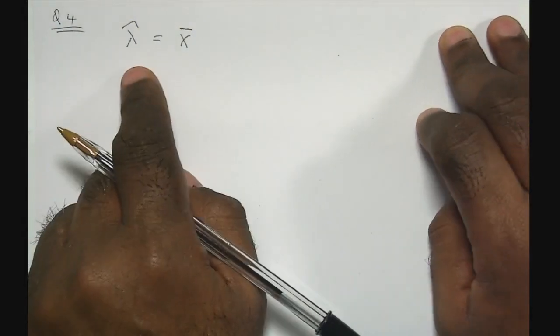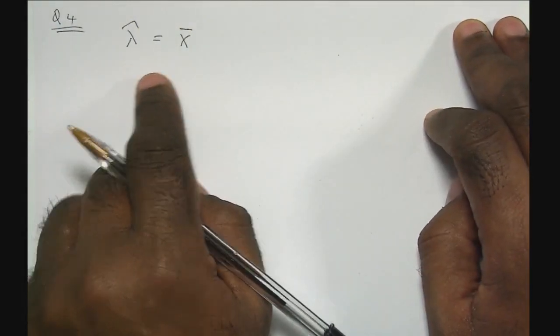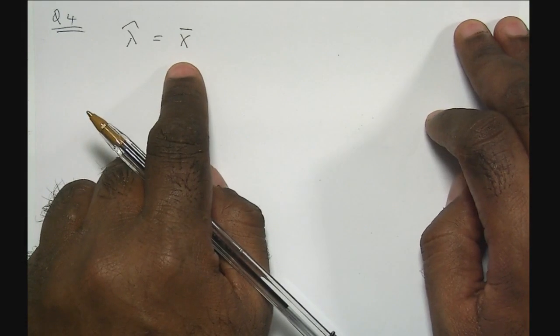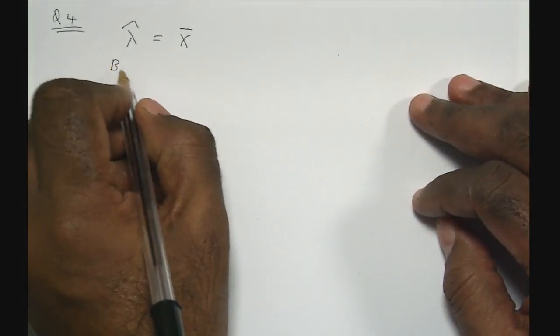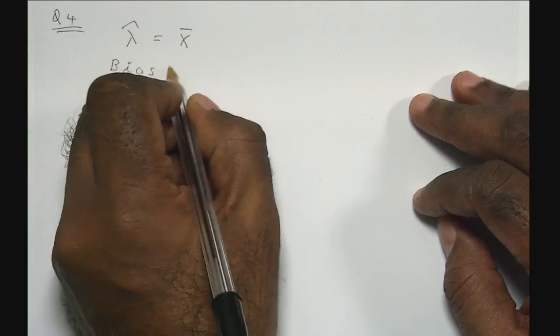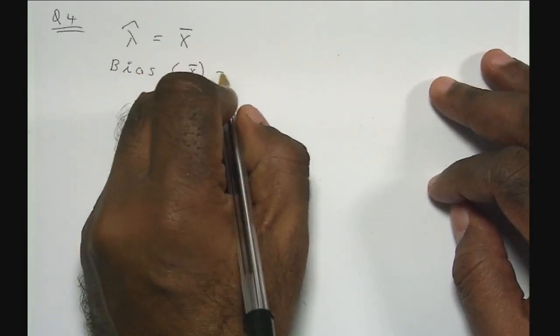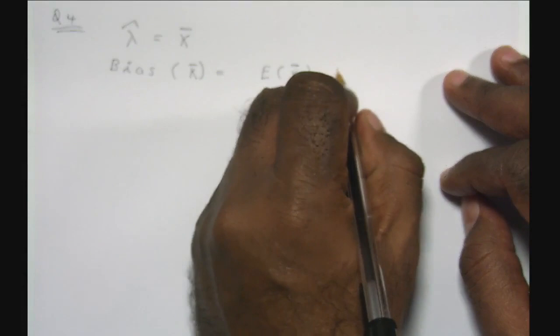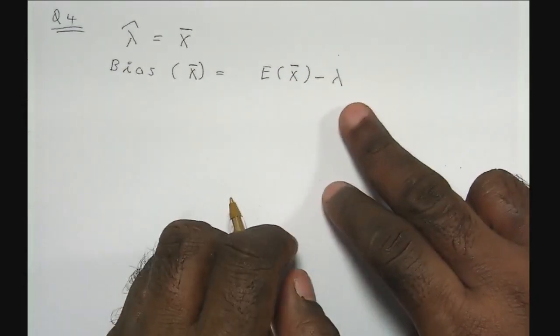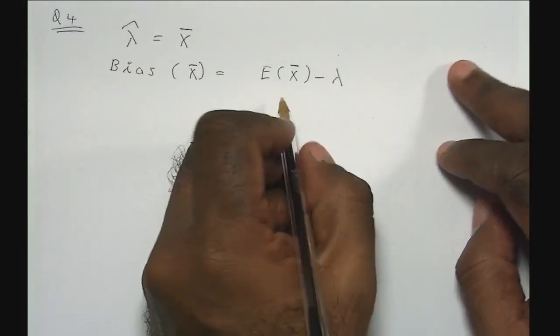Lambda is the parameter of the Poisson distribution, and we are estimating it by the sample mean x bar. The first one, we want to find the bias of the estimator, which is this.